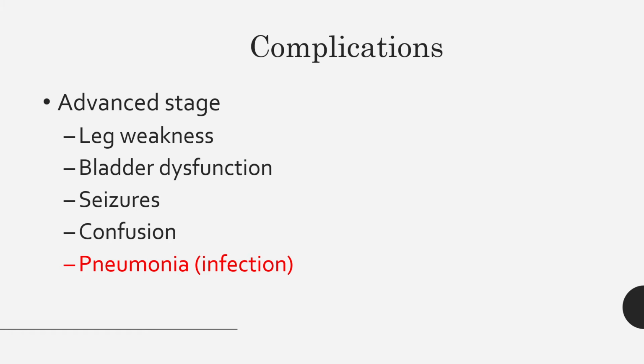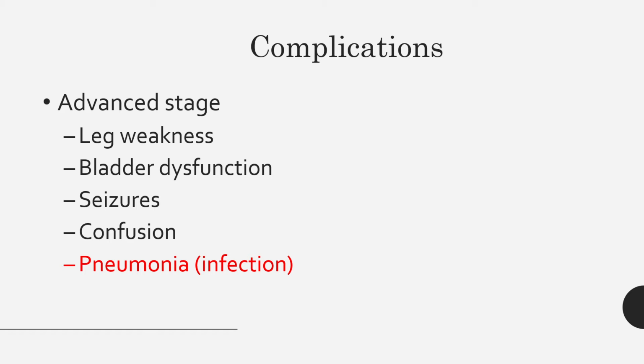Let's now look at the natural progression and complications of this disease. Usually, the symptoms discussed earlier may last for 3 weeks to 3 months before any medical attention is actually sought by the person. In advanced stages, spread to other organs such as the spine and the brain may cause leg weakness, bladder dysfunction, seizures, and confusion.